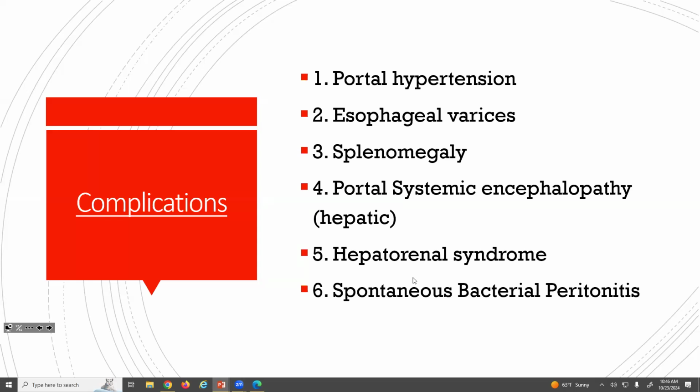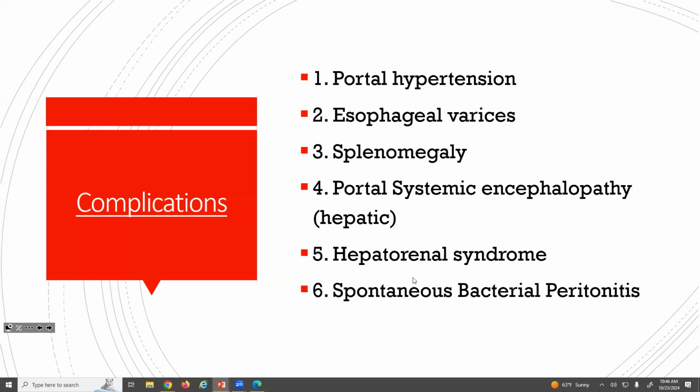Portal systemic encephalopathy, okay? Hepatic encephalopathy, and then hepatorenal syndrome, which we talked about. And then spontaneous bacterial peritonitis, yikes. That's a spontaneous bacterial infection in your peritoneal cavity, because remember, with ascites we have that fluid buildup.